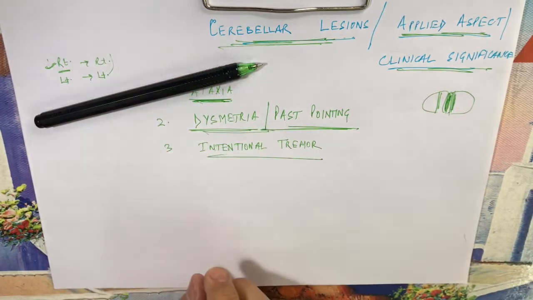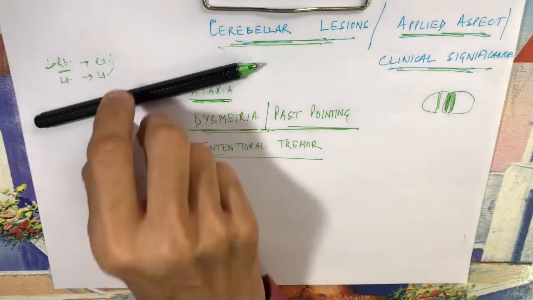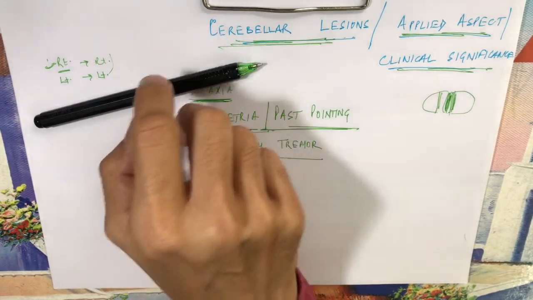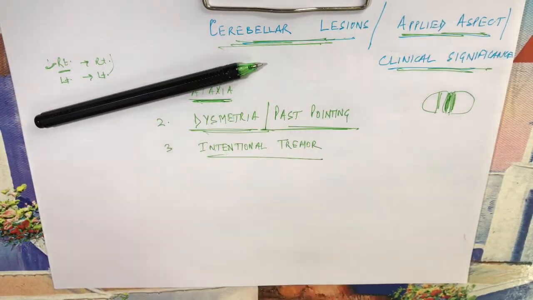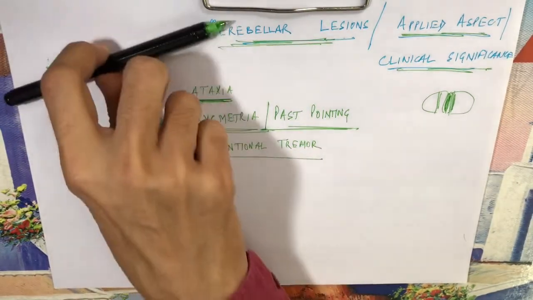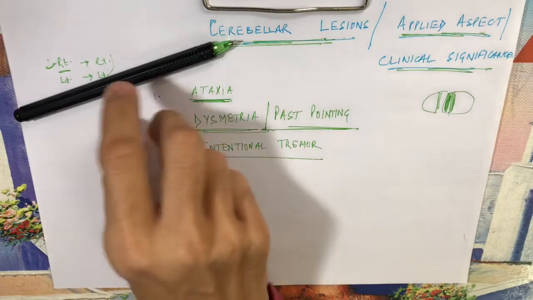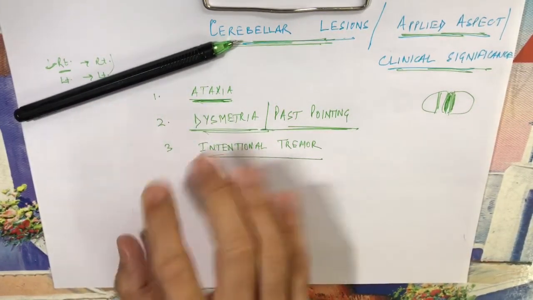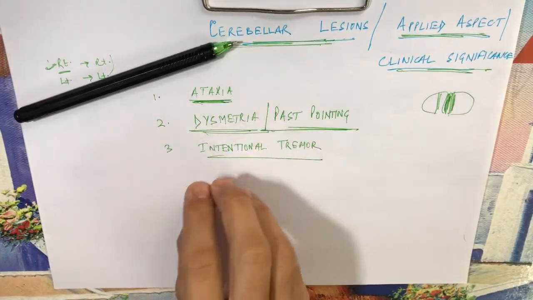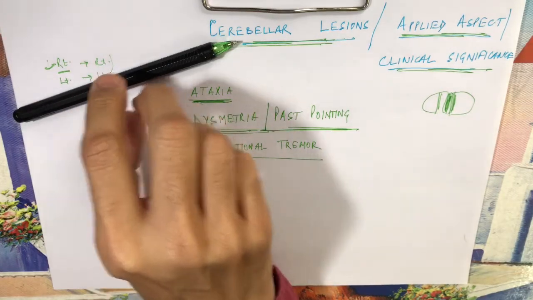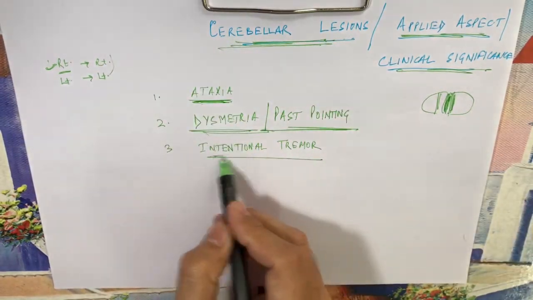Second, when a person is about to reach to pick the thing up, there will be a tremor like this. Ideally, it should go over there, pick the pen and bring it over here. If there is an issue, initially at the resting condition there might not be any tremor, it is smooth. When you are about to reach the object, then there is tremor, that is the intentional tremor.